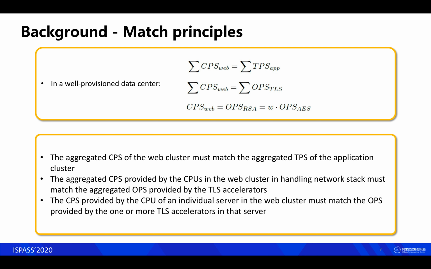At the intra-cluster level, the aggregated CPS provided by the CPUs in the web cluster in handling the network stack should match the aggregated operations per second, or OPS, provided by the TLS accelerators. At the third level, the intra-server level, the CPS provided by the CPU of an individual server in the web cluster should match the OPS provided by one or more TLS accelerators in that server. But in practice, meeting the three criteria at the same time is almost impossible. It's very difficult.